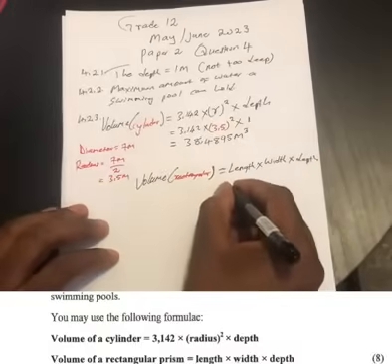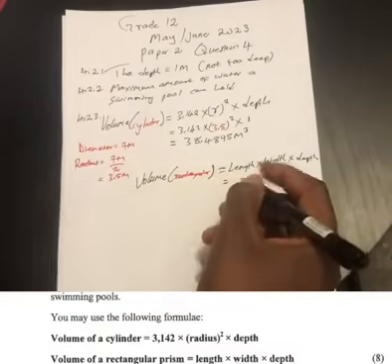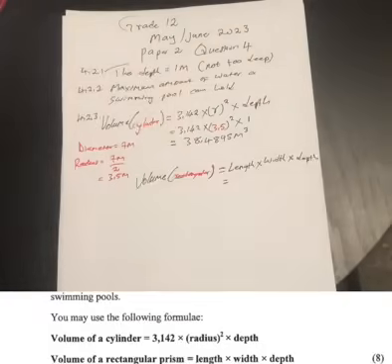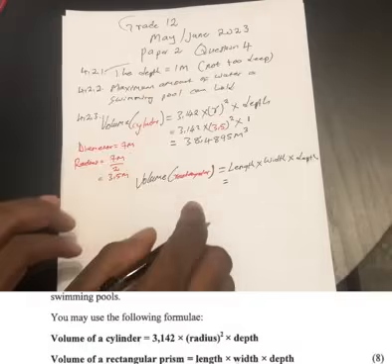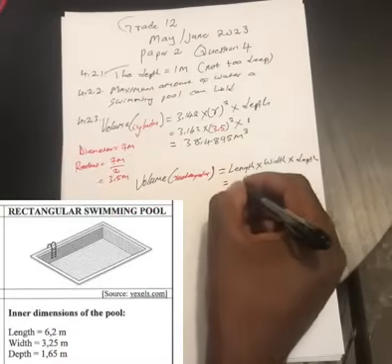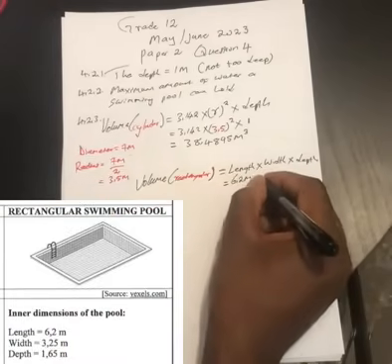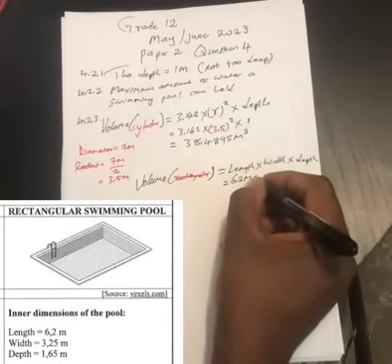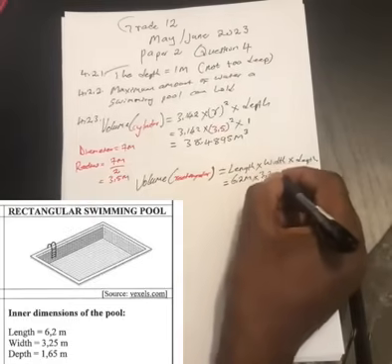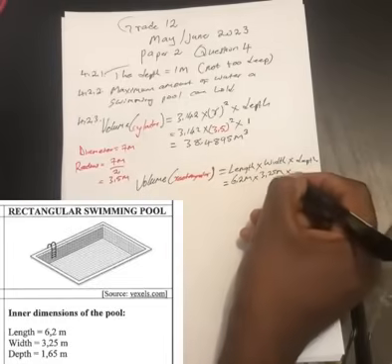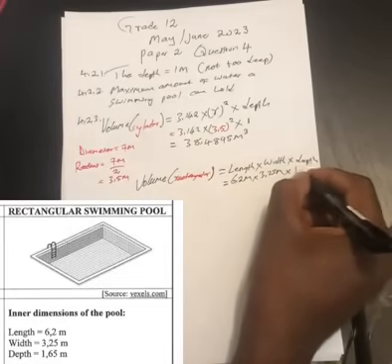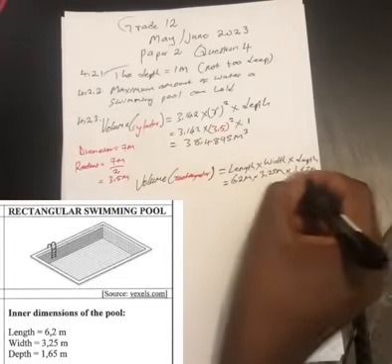As long as the units are the same, you don't have to worry. You just have to substitute everything. The only thing you need to be careful of is to make sure that your units are the same. Our length is given as 6.2 meters multiplied by our width, which is 3.25 meters, multiplied by our depth, which is 1.65 meters.